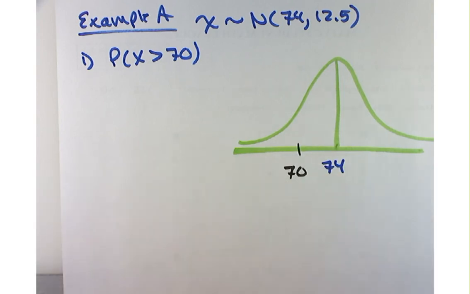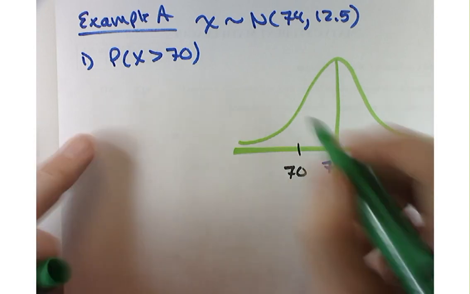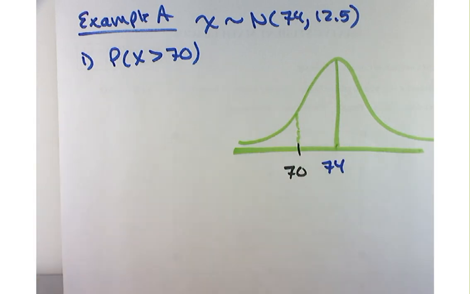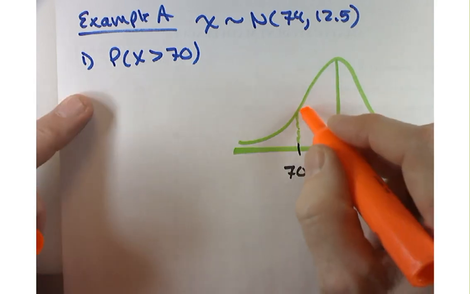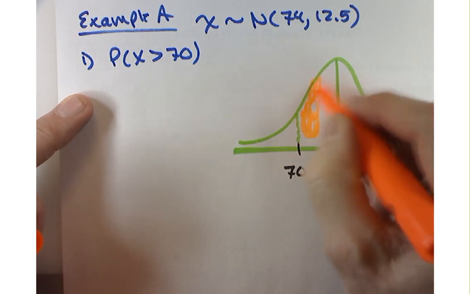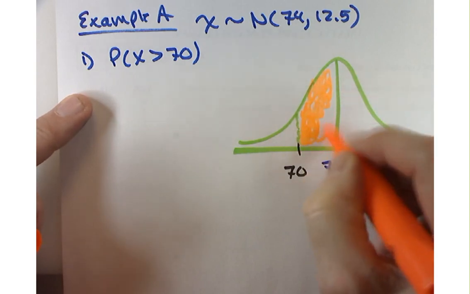And the only thing I'm really concerned about is I draw it to the left. So let's draw on a little line here. Which way should I shade? To the right of 70 or to the left of 70? Right. To the right. Yeah, thank you. So I want to shade everything here. That's the area that I eventually want to find when I do this.